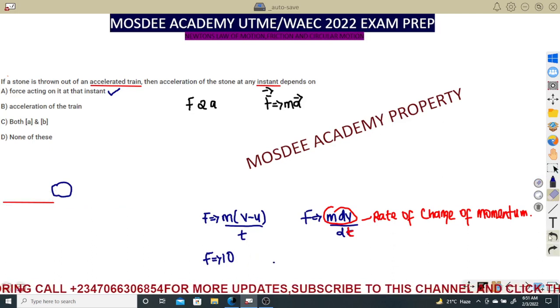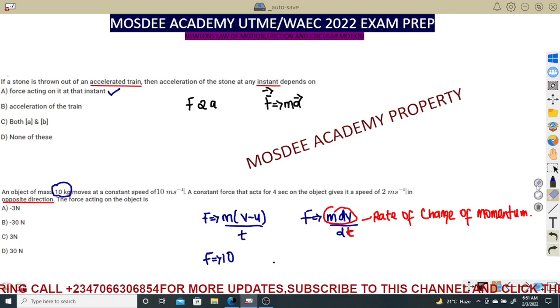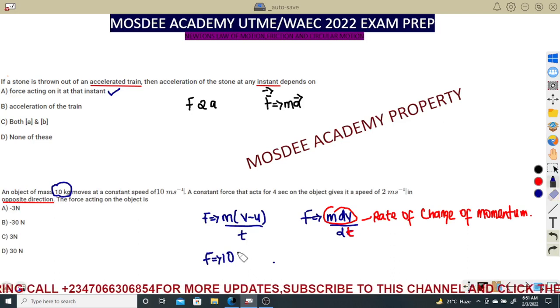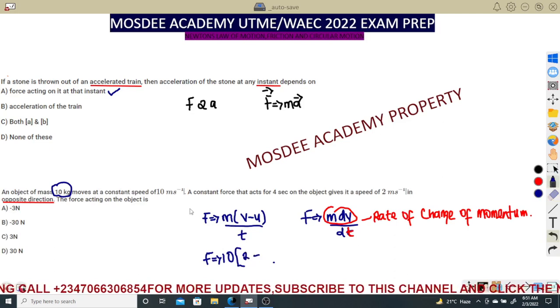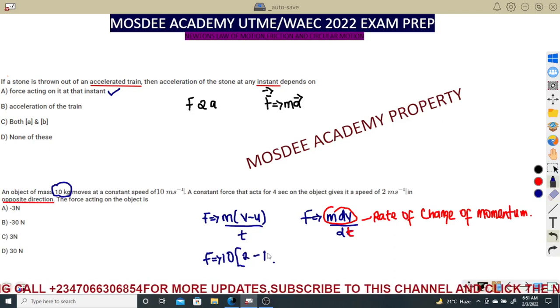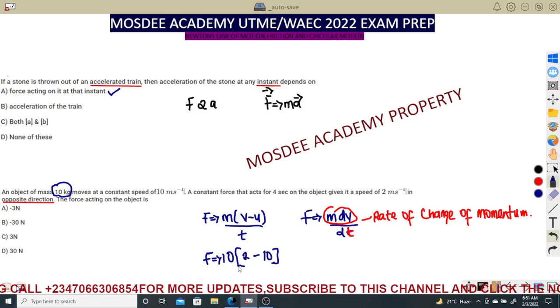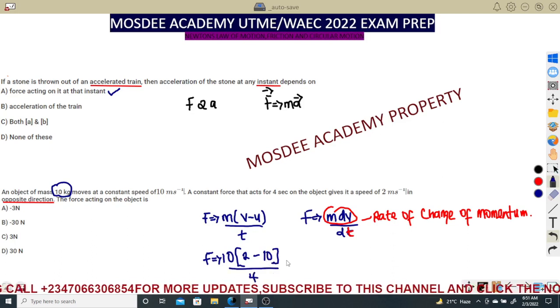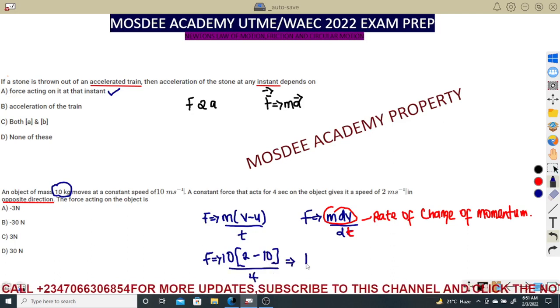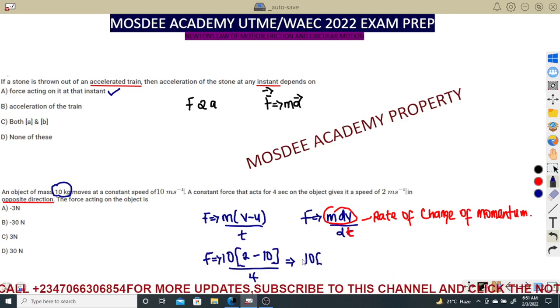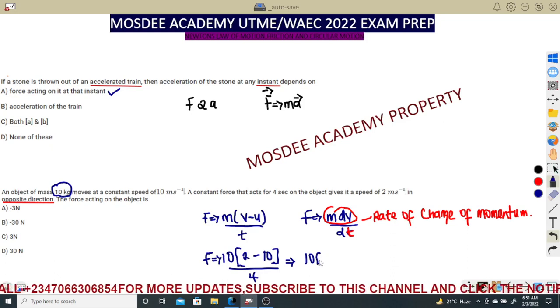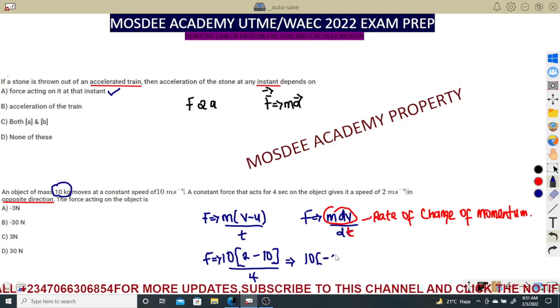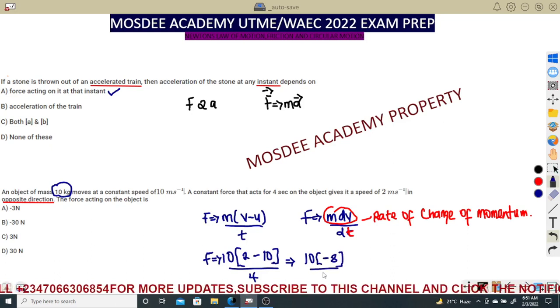Sorry, I think something is missing there. Very good. We are back. So now here it should be the final speed it gave was 2 minus the initial speed was 10. Everything divided by 4. On simplification, 2 minus 10 in brackets, we have negative 8 over 4.